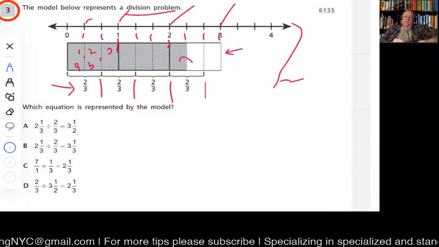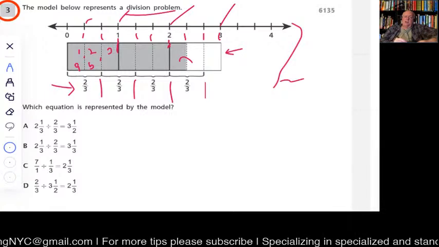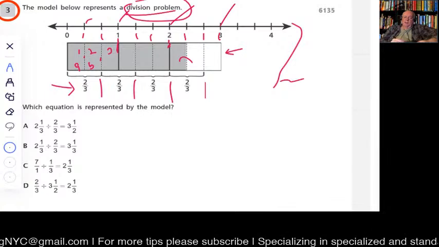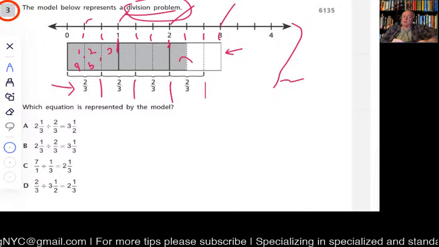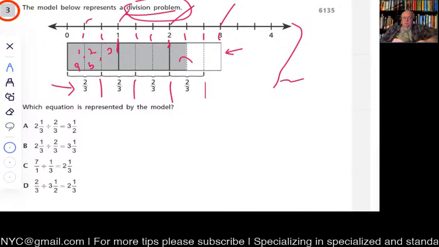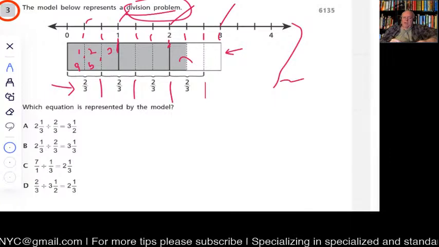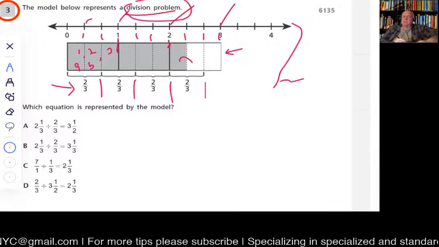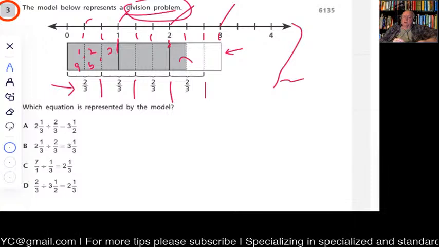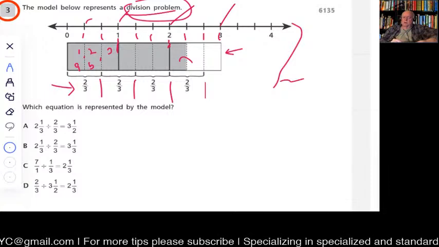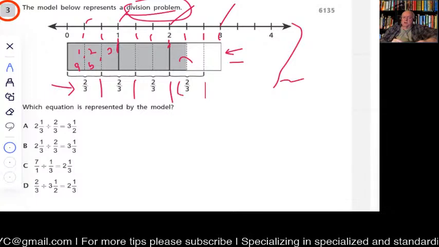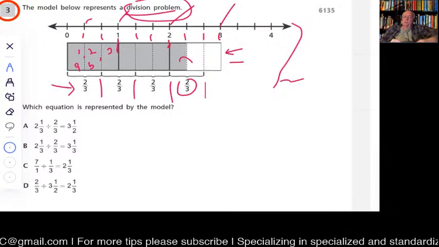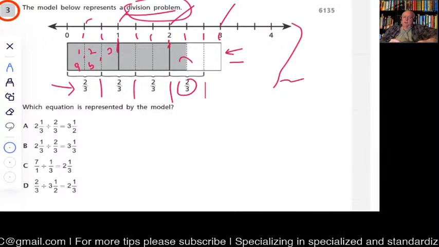At the end of the day, whatever is going on here, this division problem, that's what they're talking about, it's still a division problem, no matter how old you are or no matter what grade you are, okay? So I think we've analyzed this enough. We don't know where they're going with it. We can kind of make a guess that there's probably a division here, that this whole ribbon is being broken into 2/3 parts. So probably the divisor is 2/3, but that's a wild guess. I don't know where they're going yet, okay?